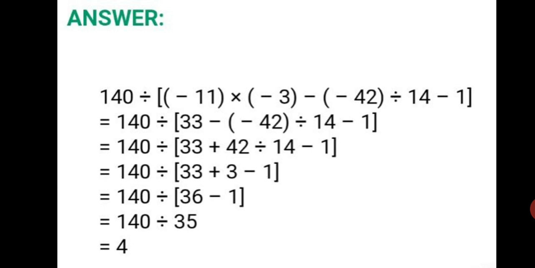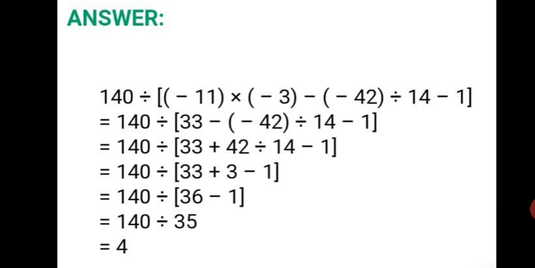Now we are going to open it. So the second step is equal to 140, copied as it is, divided by. Now you will say, if 140 divided by is given, why don't we solve the division first? No, first we have to open the brackets. Always remember this. So now in the square bracket we take 33 plus 42.